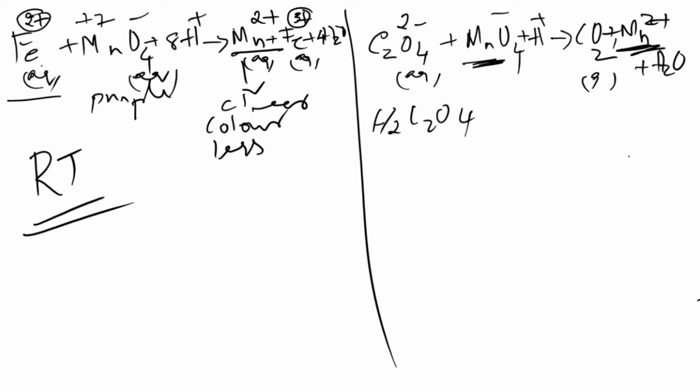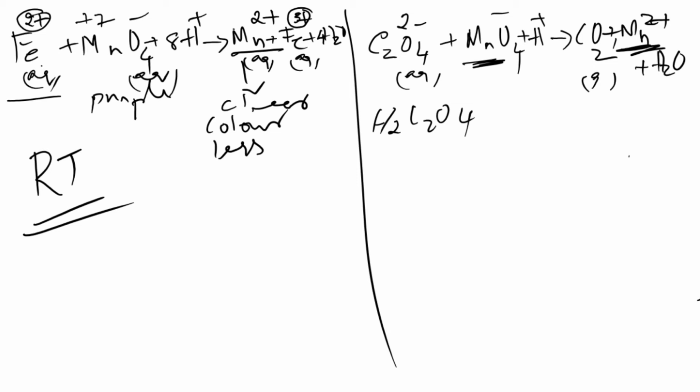On the other hand, if you heat it to about 70 degrees Celsius and allow the titration to take place, it changes color immediately. And one of the other things that you notice is, initially, when you add oxalic acid to permanganate, it takes a little bit of time for the color change to happen. But once the color change happens, the reaction is extremely fast.